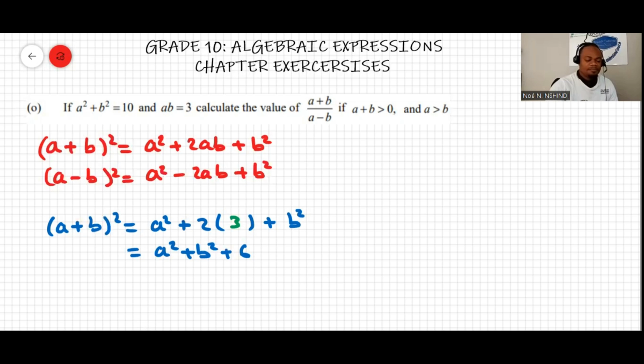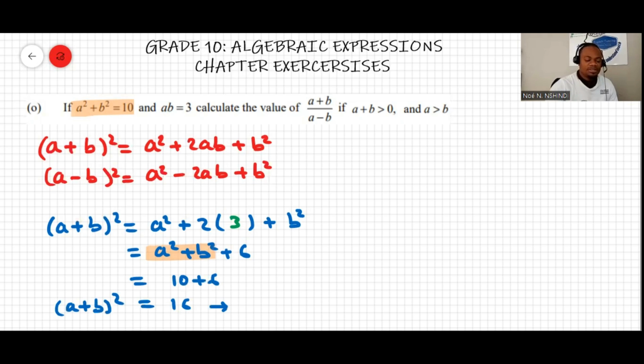And then a squared plus b squared is equal to 10. So this will be equal to 10 plus 6, and that's equal to 16. Now we have a plus b squared equal to 16.